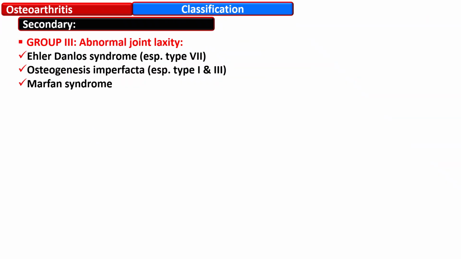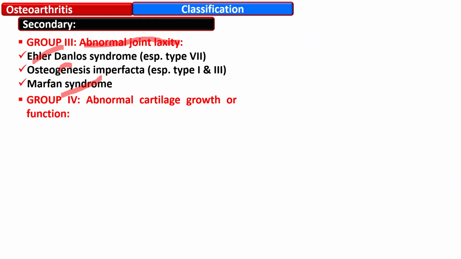Group 3 of osteoarthritis is due to some underlying cause, such as abnormal joint laxity, as happens in Ehlers-Danlos syndrome, osteogenesis imperfecta, and Marfan syndrome. Group 4 includes abnormal cartilage growth and function.